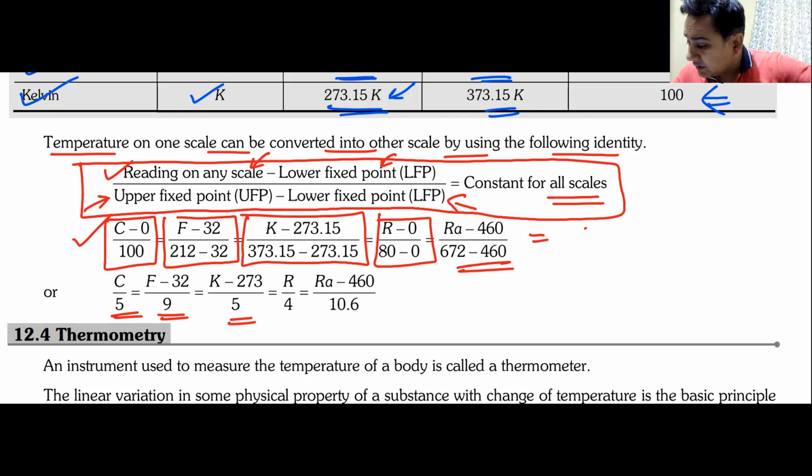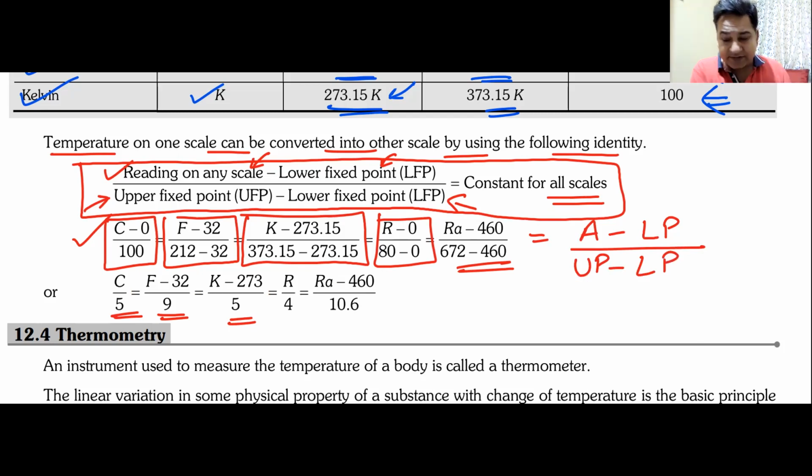The only thing is, if my scale is the Aastik scale, the reading on the Aastik scale minus the lower point LP, divided by the upper point minus the lower point, should be the same as for the other scales. If I have done this, I have created my own scale.